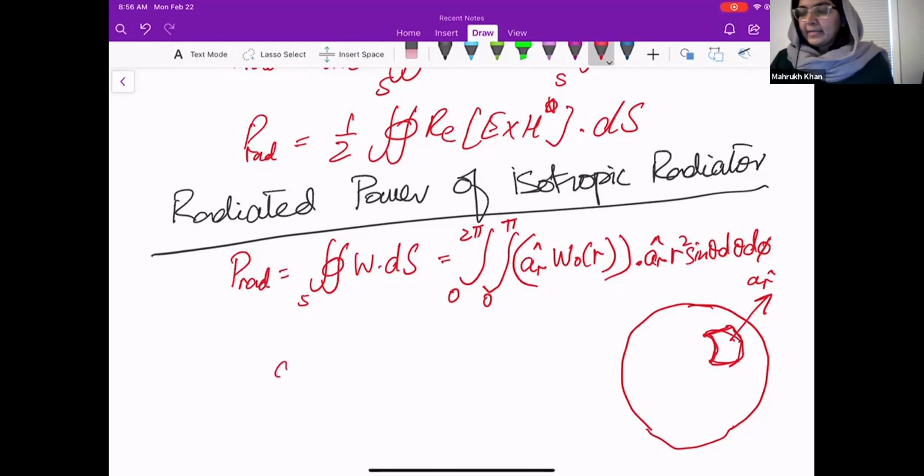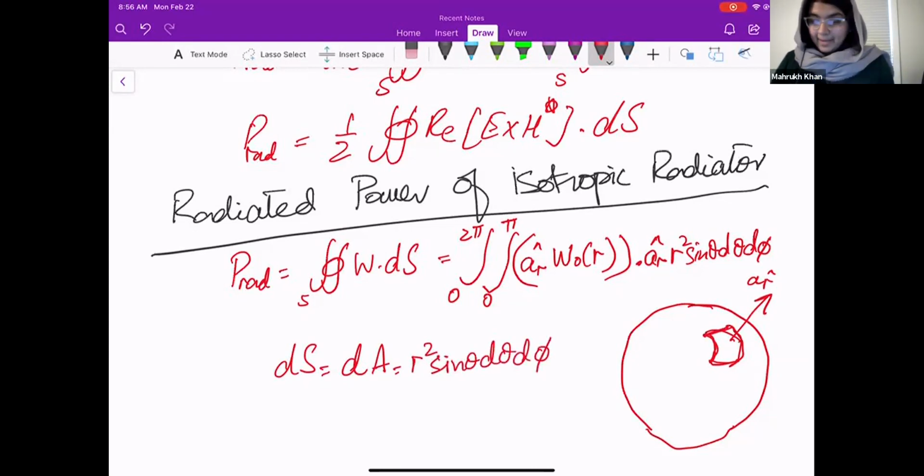My ds or dA, which I defined before for the sphere, is this thing. The direction here is a_r, with the a_r unit vector.